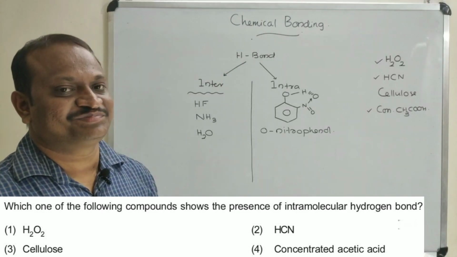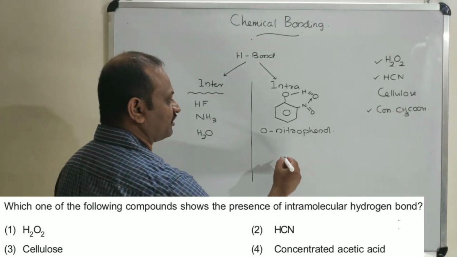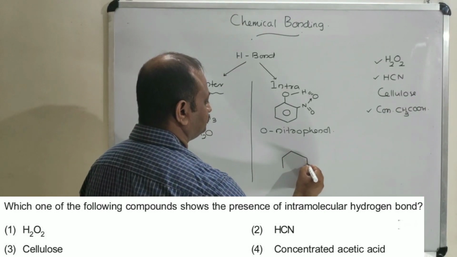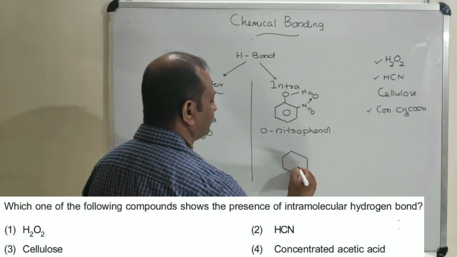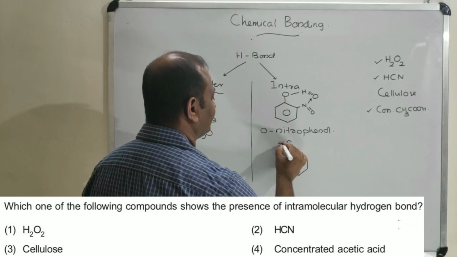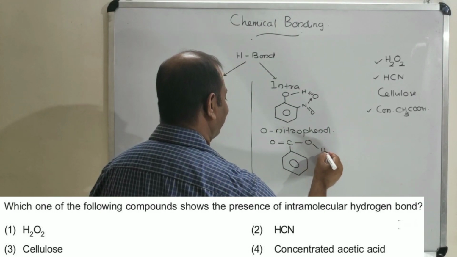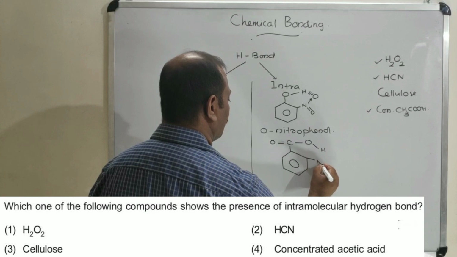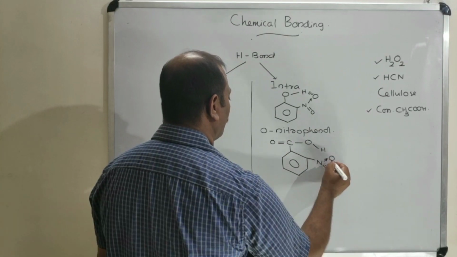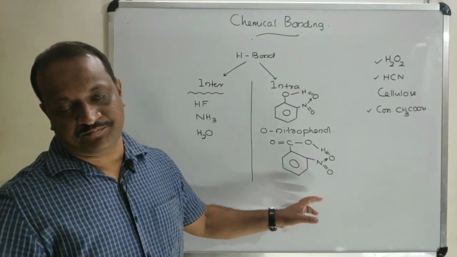Similarly, we can say orthonitrobenzoic acid. See, let me draw the structure of orthonitrobenzoic acid. We have it in this manner, and here we have a C double bond, and here we have an O, here we have an H. Then you have an N, coordinate bond O, here double bond O, and here also you can see that you have a hydrogen bond.